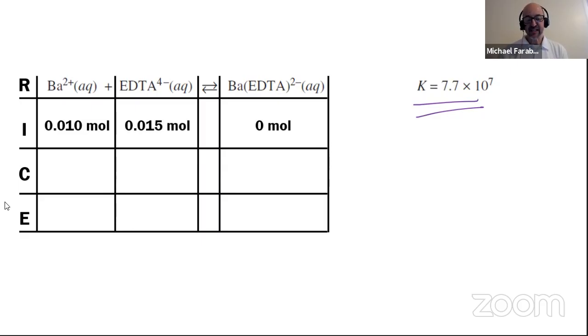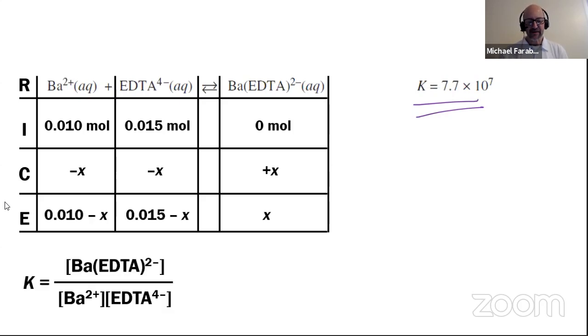I'm going to keep this RICE table in terms of moles as opposed to changing to concentration. Now the barium has to go down by a certain amount, X. EDTA has to go down by a certain amount, X. And again, that's a 1-to-1 mole ratio. So therefore the product has to go up by X. All right, so what students did is they set up the equilibrium expression.